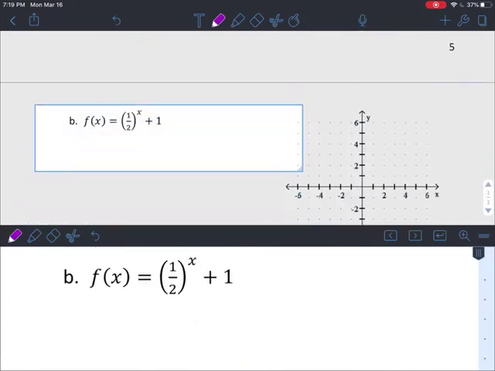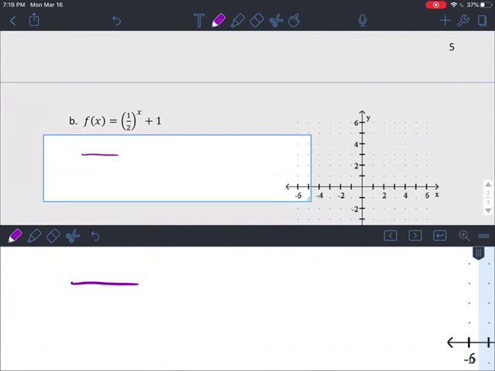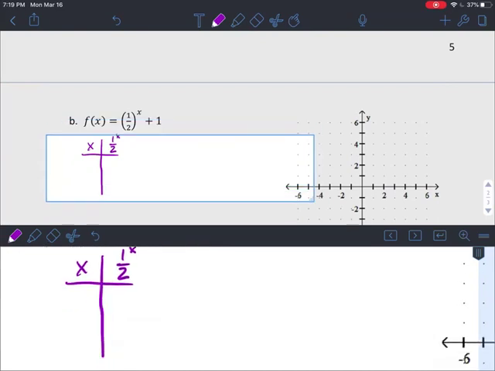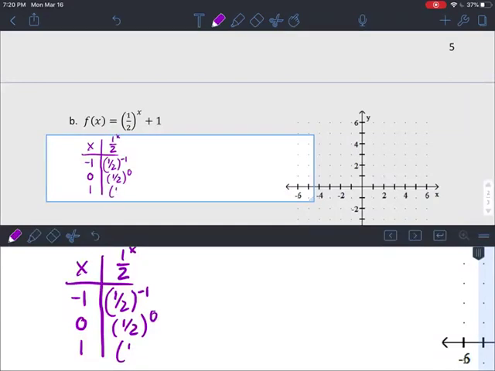You could have translations. So like on this one, I would just think of it as 1/2 to the x as your parent function. And then since that's like a separate +1 out to the side, it's going to get translated up 1. So I would just do like 1/2 to the -1, 0, and 1 first, which will give you 2, 1, and 1/2.